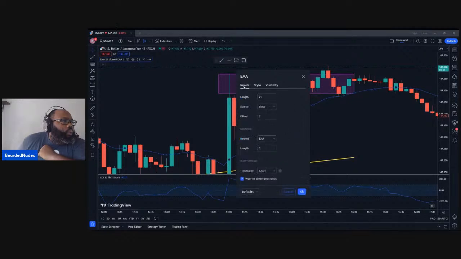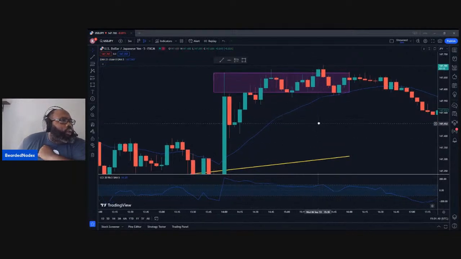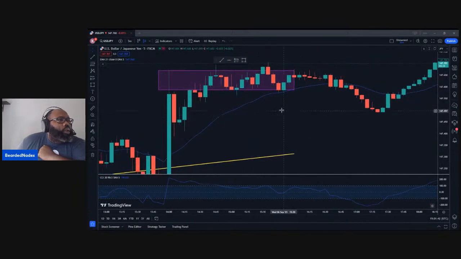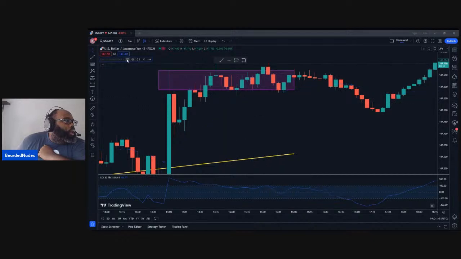What the heck is that? Smoothing time frame charts. Okay. So that's it. But I'm trying to... Where is? Oh, sorry. I had it.